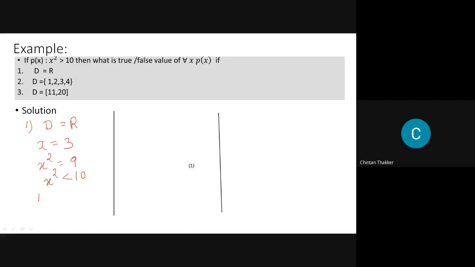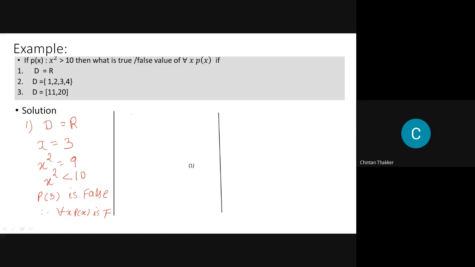So that means P(3) is false. Therefore, for all x P(x) is false.